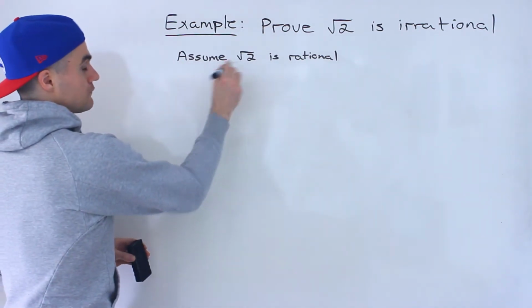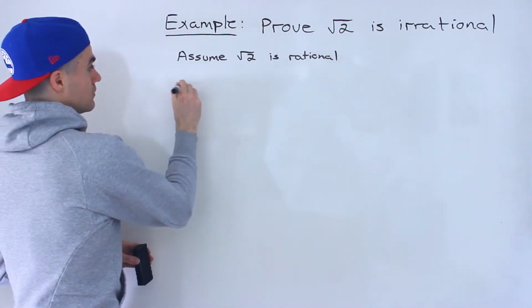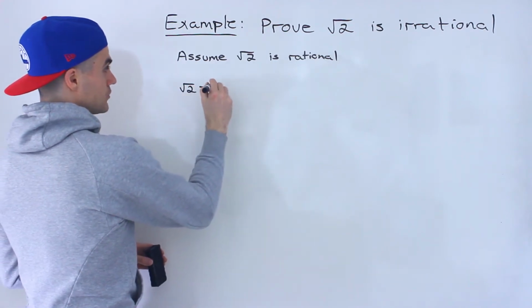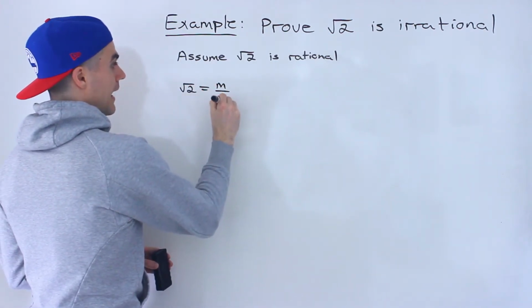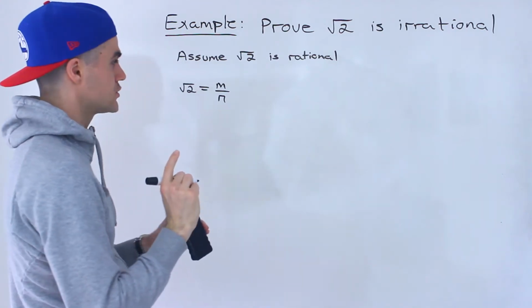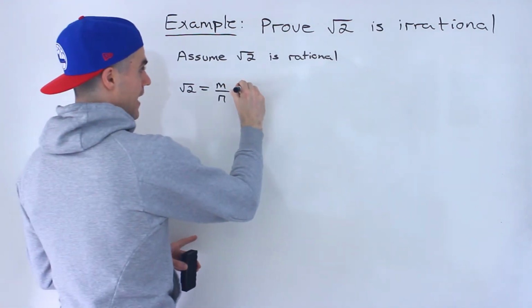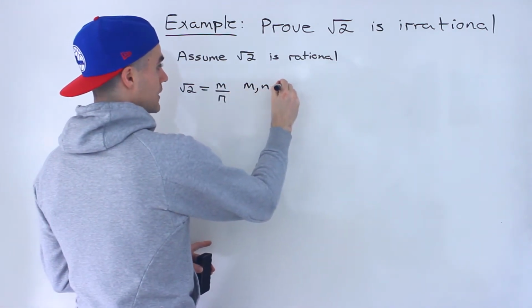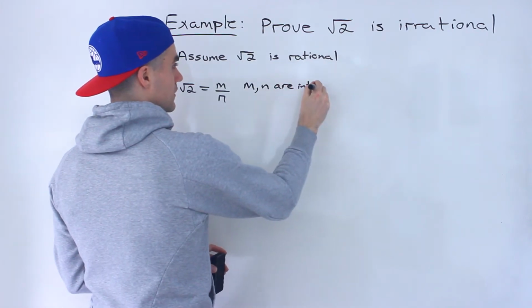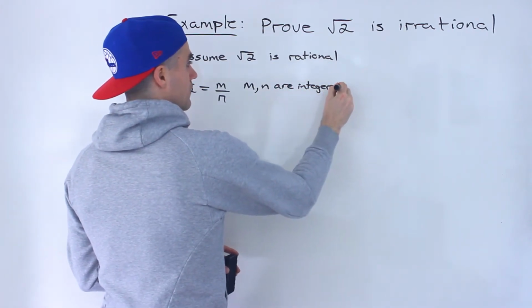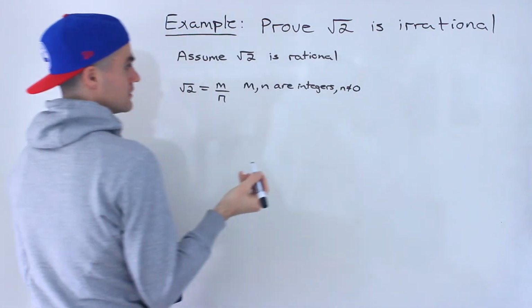Now, if the square root of 2 is rational, then a rational number can be written as a fraction of integers, m over n, where m and n are integers, where n can't be 0.